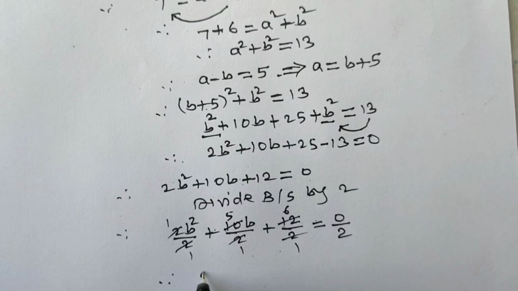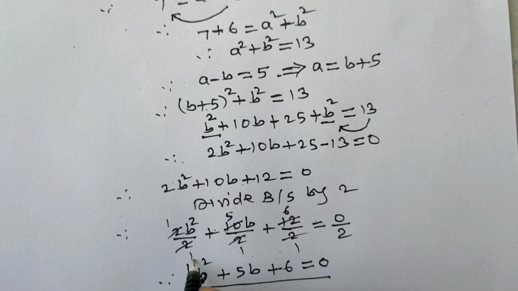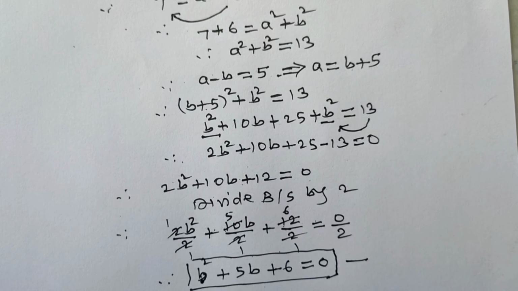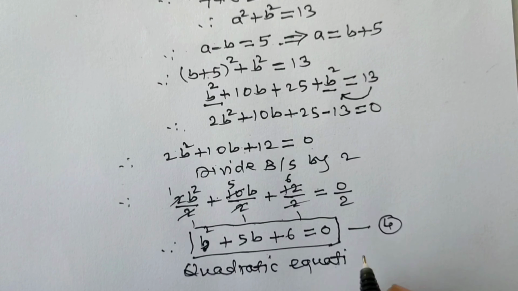Hence b square plus 5b plus 6 is equal to 0 upon 2, which is 0. And consider this is equation number 4. This is a quadratic equation in b.